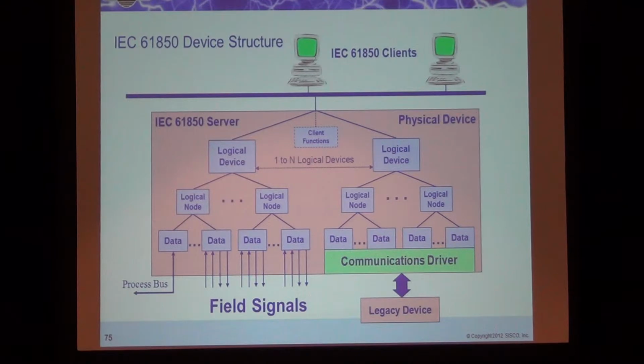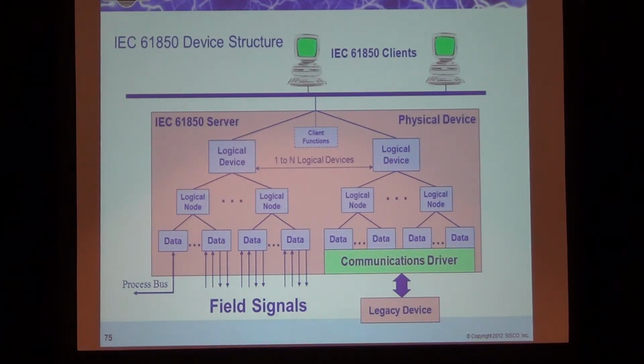They'll put the control functions in a logical device called controls. So this allows you to organize the data so that you can find things a little bit easier when you look at these devices. I also put a little dotted lines there that there's no reason why you can't have client functions in these same devices as well and provide bidirectional communications between clients and servers as well.